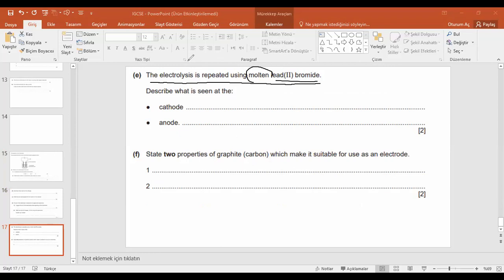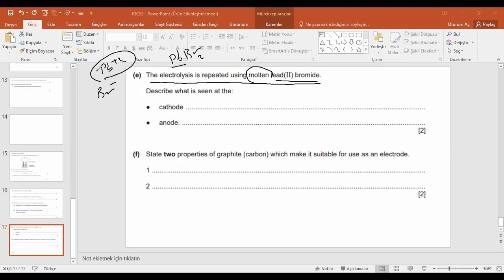So lead bromide, PbBr2, molten lead bromide. Pb here is 2+ and Br here is minus.